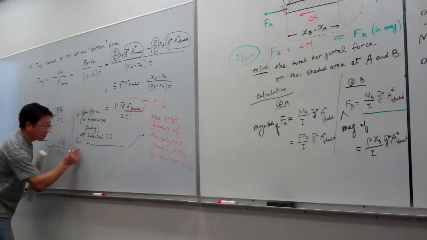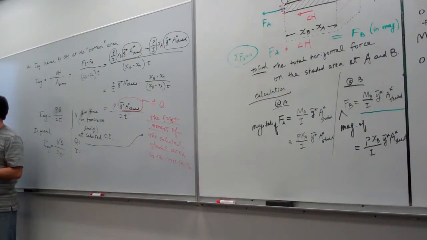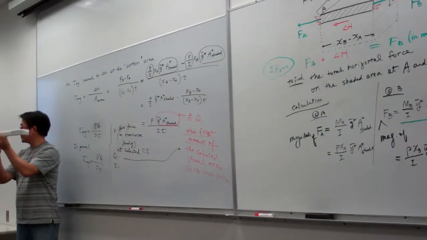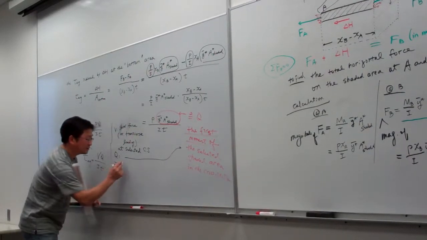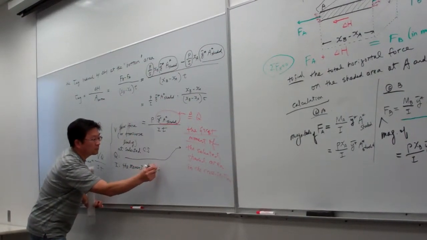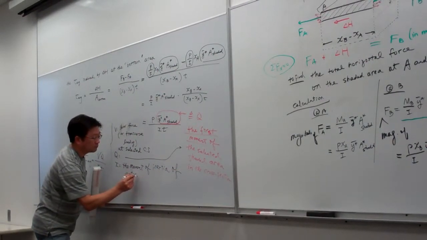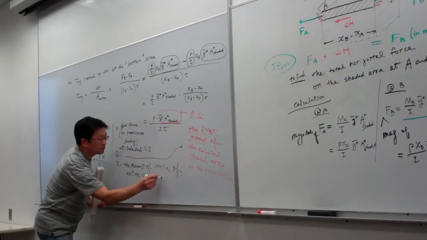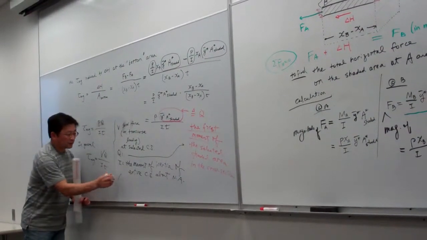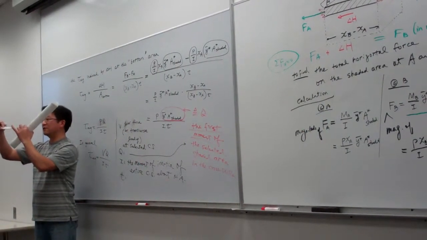And I, again, I asked you a few minutes ago: what is I? I is the moment of inertia of the entire cross section about the neutral axis. And T is the thickness of the section.